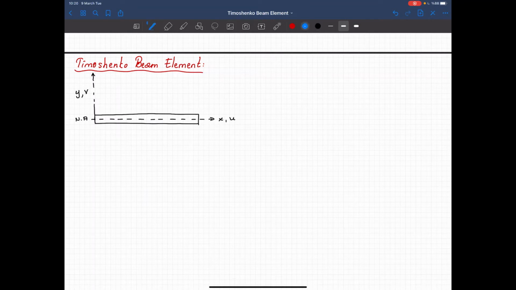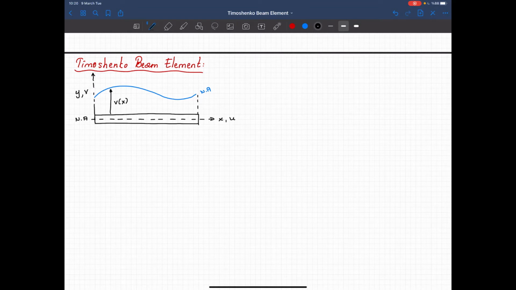So let's show a deformed shape. Let's say that the element deforms in the following manner. So that's again the neutral axis of the element, and this displacement is v of x.